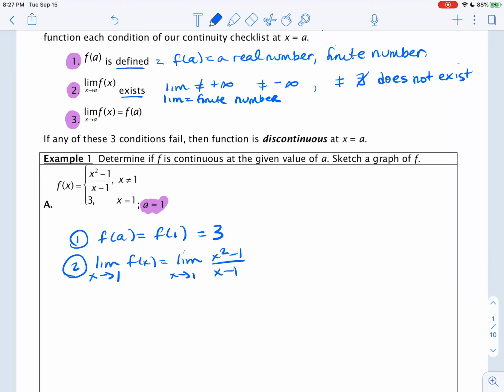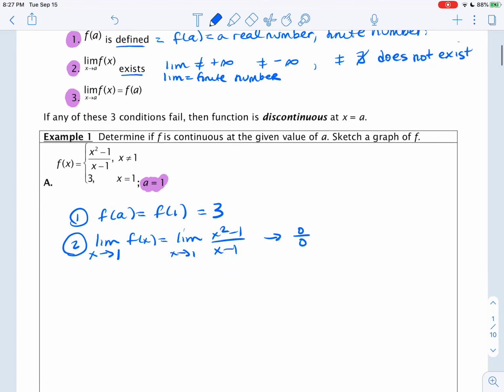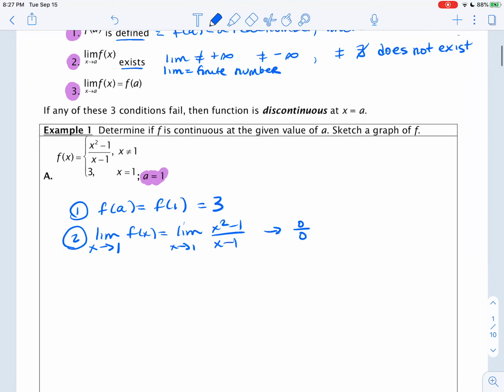And remember, when calculating limits, we try to evaluate at that point, and we end up with 0 over 0. So that tells us that 1 is a zero of both the denominator and the numerator, or x minus 1 is a factor of both.